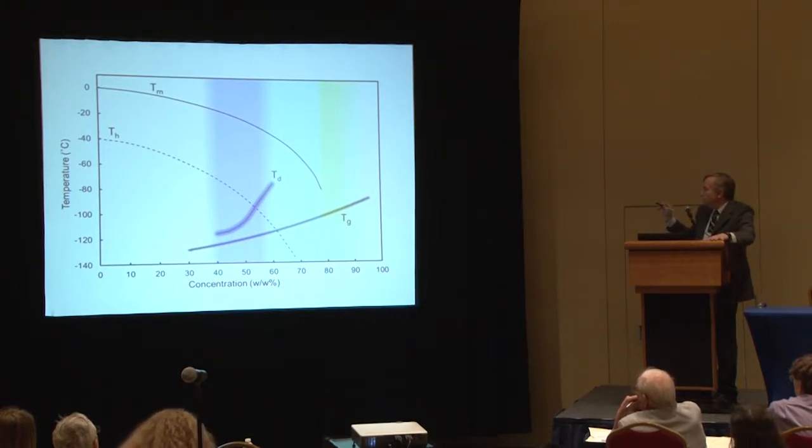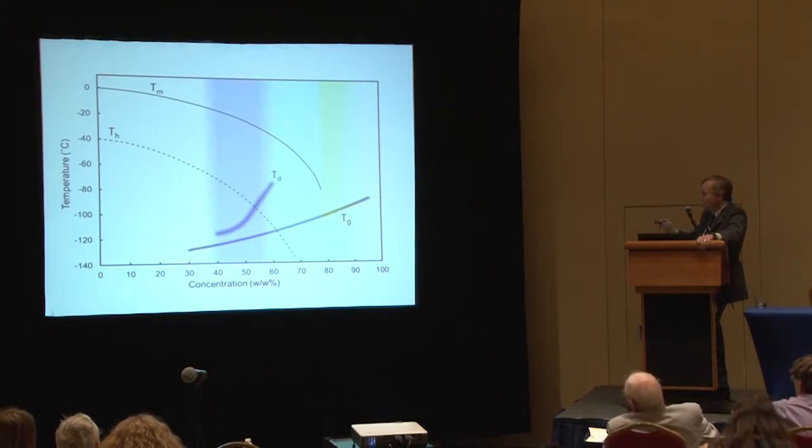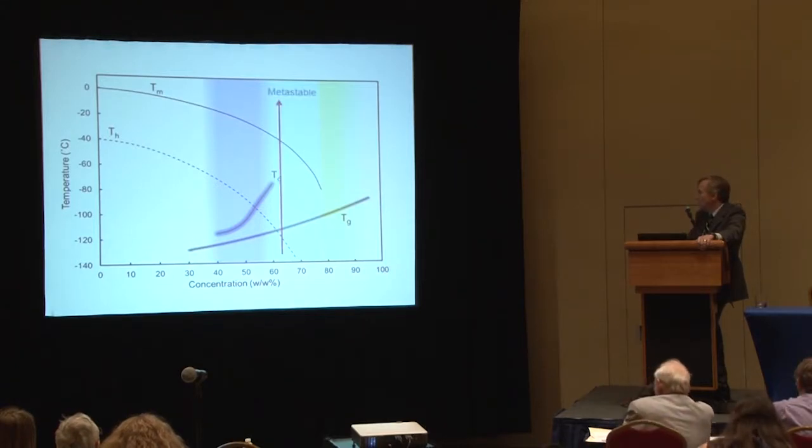If you do DSC studies of where devitrification occurs, you can actually plot the temperature at which devitrification occurs during rewarming, and you obtain this line called the TD line, or the temperature of devitrification. And what you find is that as the solute concentration gets lower, the temperature of devitrification gets very close to the glass transition temperature.